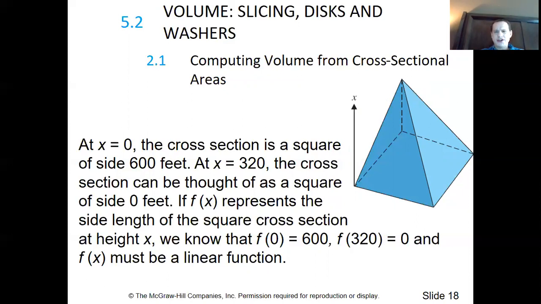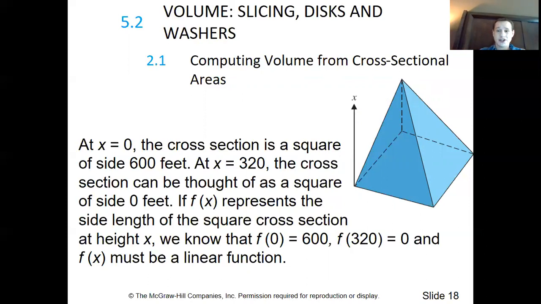Well, f of 0 is 600, because when you slice at 0, it's just the base. So f of 0 is the side length of the base, which is 600. f of 320 is the cross-sectional side length of the square at the very top. There is no square at the top, so it's 0.